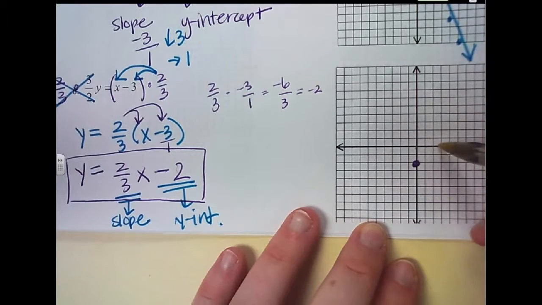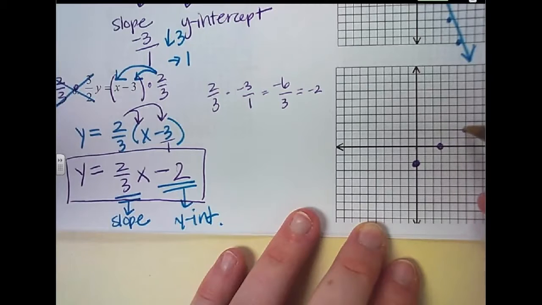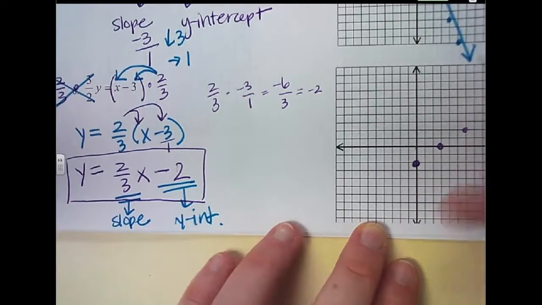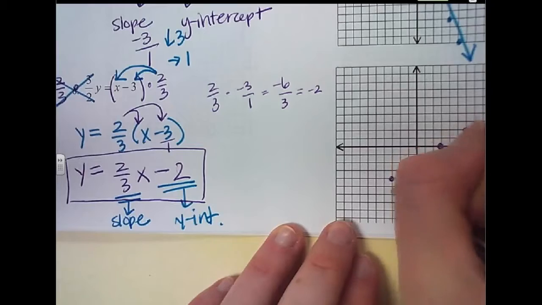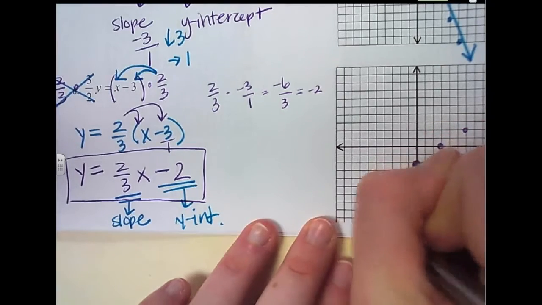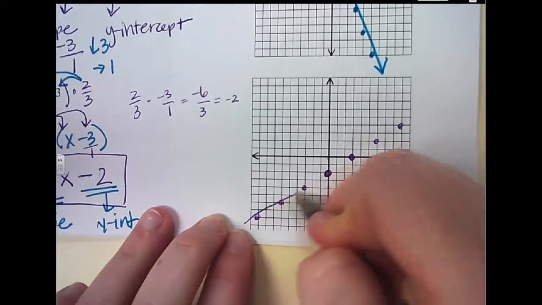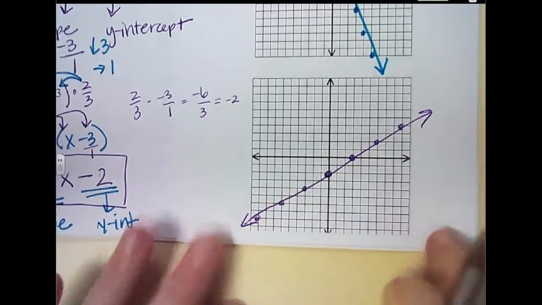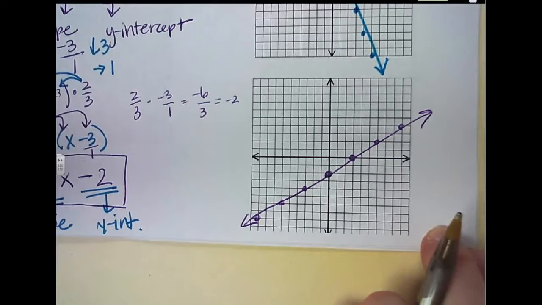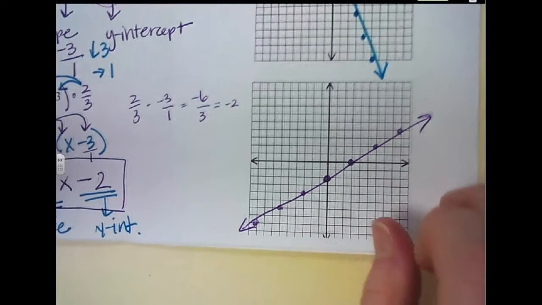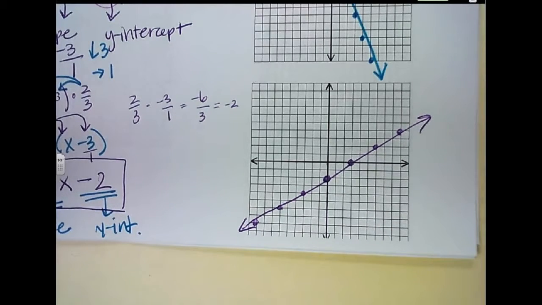Up 2/3. Do you feel like this is a review? Is it coming back to you? Okay, turn the page when you're done with that, so I know you're ready.